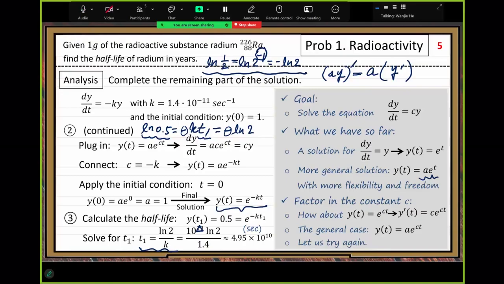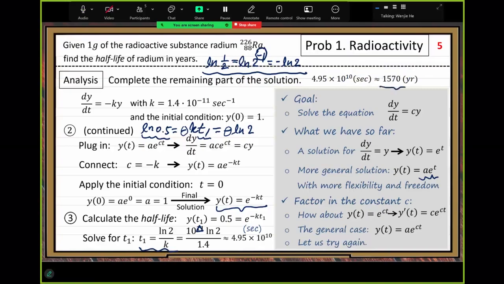The unit of k is 1 over second, so when you take the reciprocal, it becomes seconds. So the T1 time is this many seconds, but we need to convert it to the number of years.